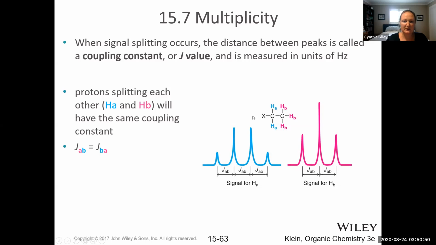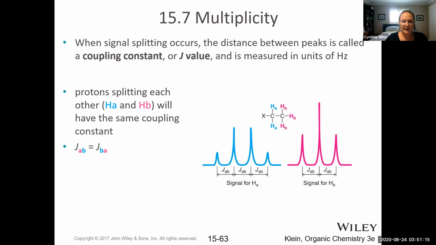The difference between those is 0.07. I multiply that by 100, and that gives me the coupling constant, which is 7 hertz. So the coupling constant, or the distance between those peaks, is 7 hertz. That's the simplistic way to calculate it directly from chemical shift values.